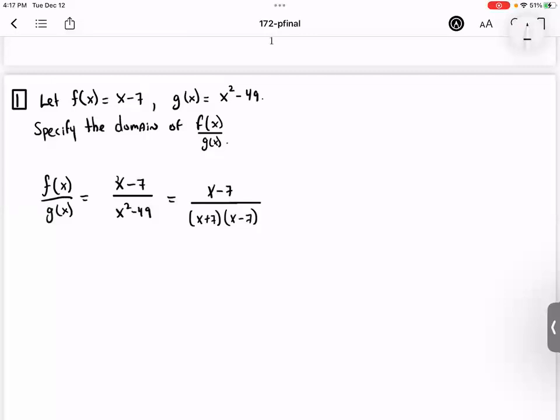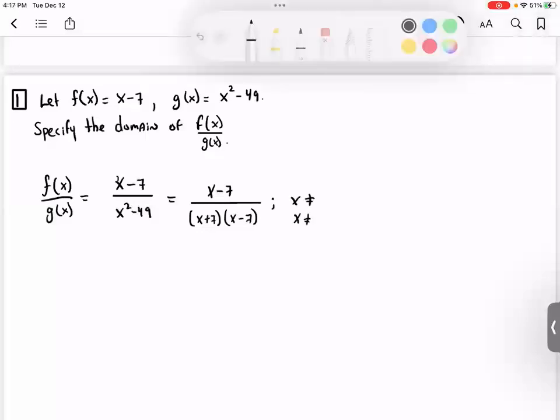Now, when you're dealing with a rational function, f over g of x, the domains of f and g must overlap, and there's just one restriction: the values of x in the denominator cannot be equal to 0. So if you look at your binomial expressions, the x plus 7, x minus 7, there are values that make that bottom 0, right?